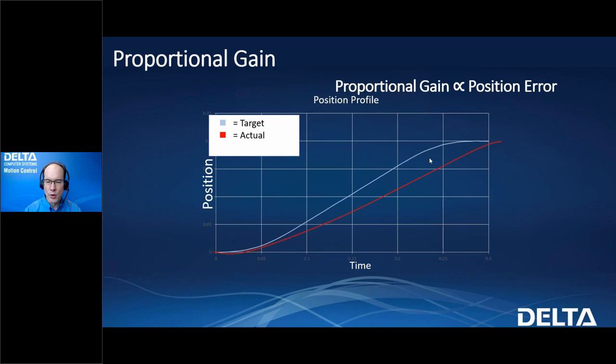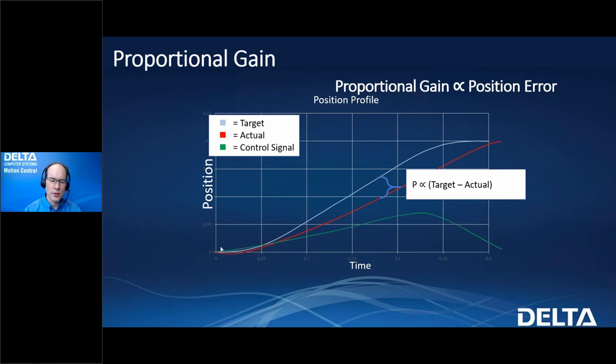Over here, there'll be more. It'll max out around here. And then when they start getting closer to each other, we'll have less, and about 0 proportional gain over here. So the control signal is small here, becomes bigger and bigger, largest right about there, and then goes down to 0. That's what we can expect with proportional gain.